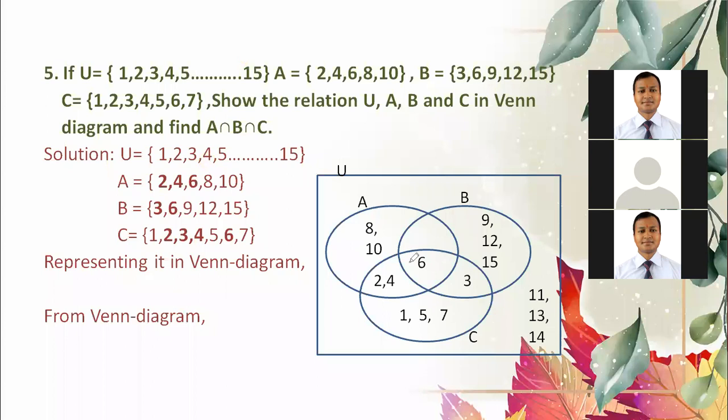This common region is 6, so it is 6 only. We have to draw shadow here for it, and then write from the Venn diagram: A intersection B intersection C is equal to 6 inside the curly brackets. And this is our required answer.